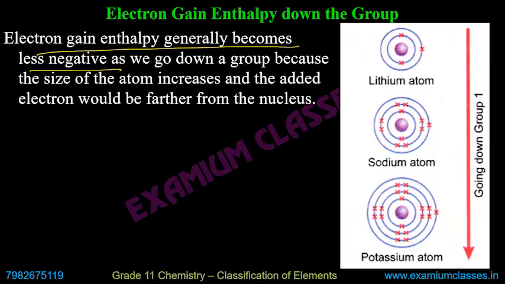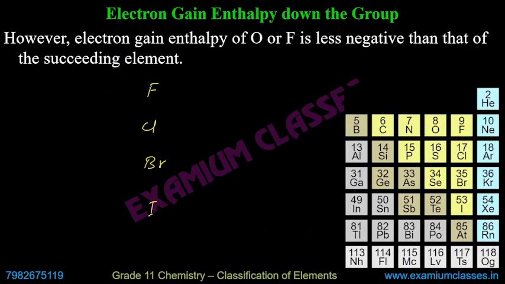Less negative just refers to the sign; otherwise we are saying it decreases, say from minus 100 to minus 50. The minus sign just says energy is released. So at the top it should be maximum and at the bottom minimum, but that is not the case. Chlorine does not have the most negative electron gain enthalpy.